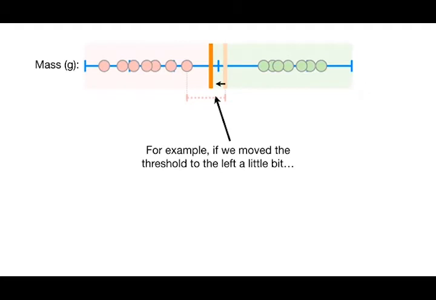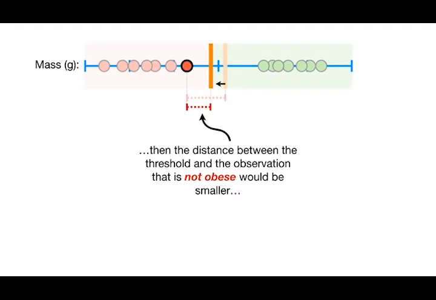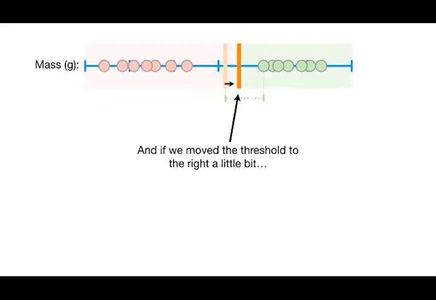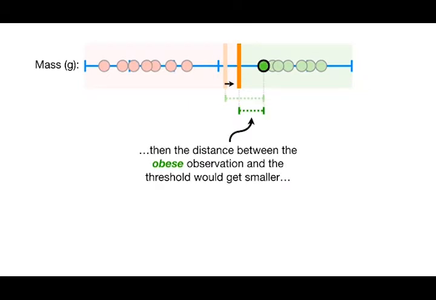For example, if we move the threshold to the left a little bit, then the distance between the threshold and the observation that is not obese would be smaller, and thus the margin would be smaller than it was before. And if we move the threshold to the right a little bit, then the distance between the obese observation and the threshold would get smaller.